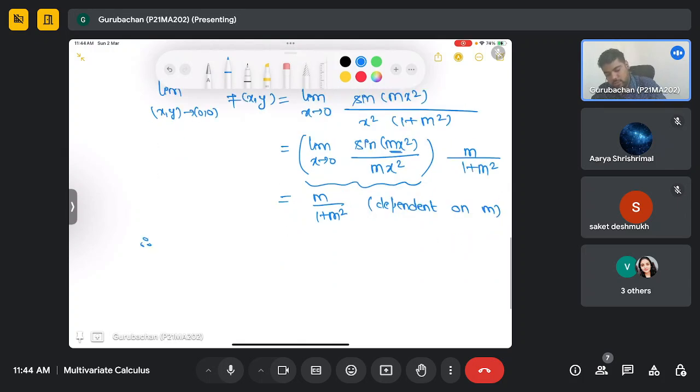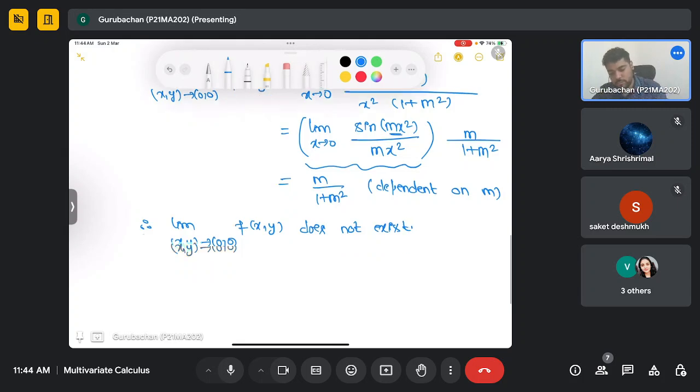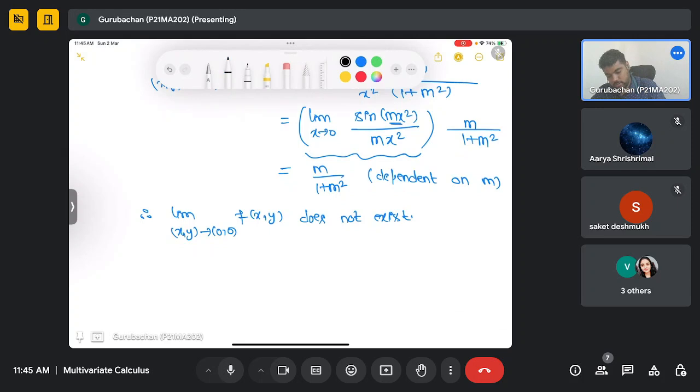Therefore, with this approach also, we can say that the limit of f(x, y) does not exist. If anybody has any doubt, then you can stop me so that I can explain. Till then, I'm writing the next question.